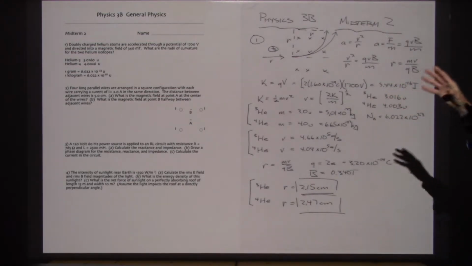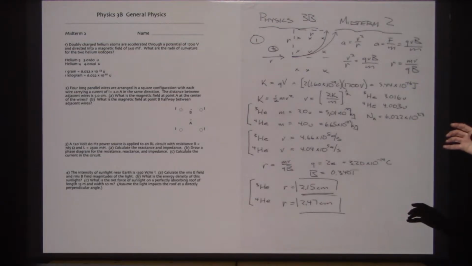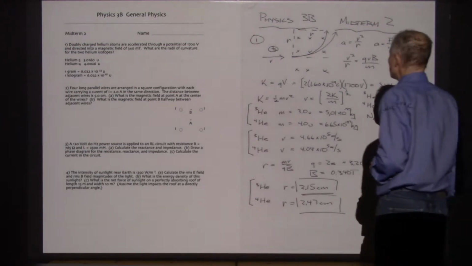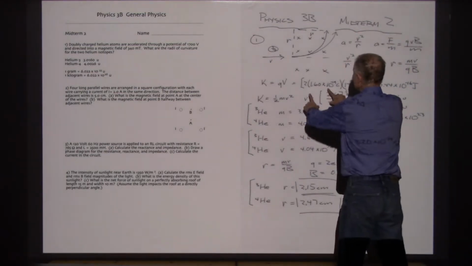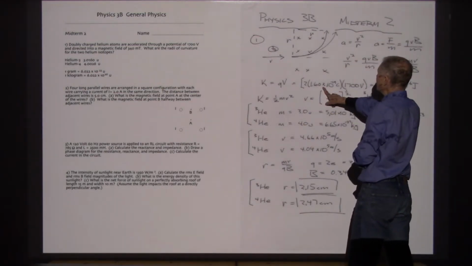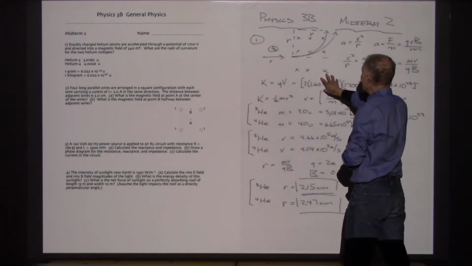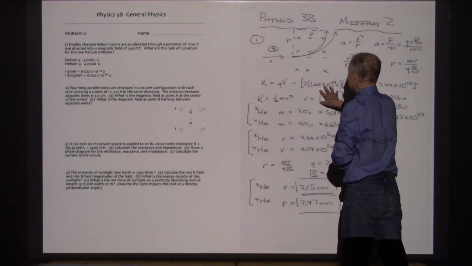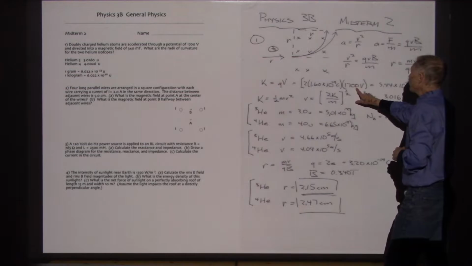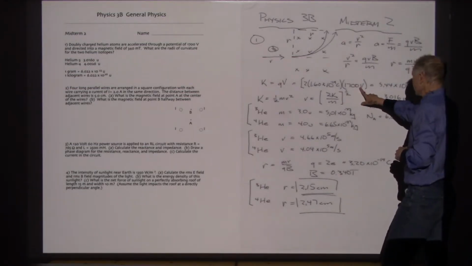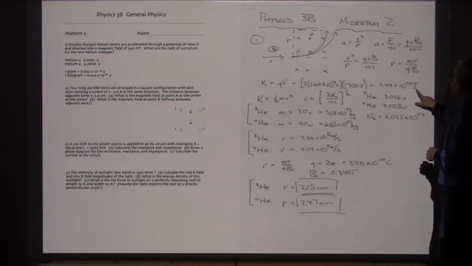And so both electrons have been removed. Helium is element number 2. Both electrons have been removed. And so I'm going to get 2 times the fundamental charge. So I've got 2 protons, that's their charge, multiplied by a voltage. Now this is in coulombs, this is in volts. That will give us joules.